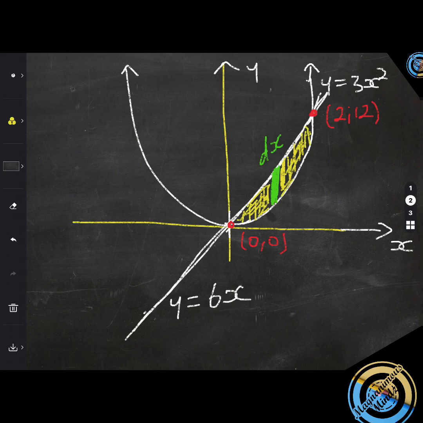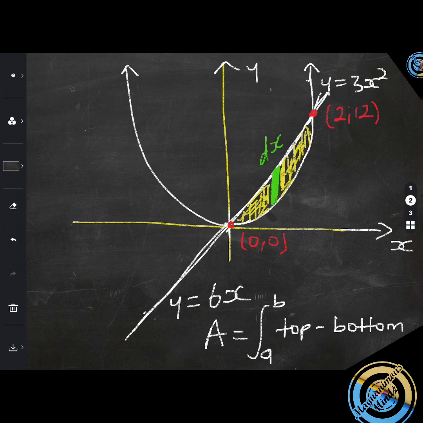And then the third question says calculate the magnitude of the area mentioned. To calculate the magnitude of the area, you say area equals the integral from A to B of top minus bottom.